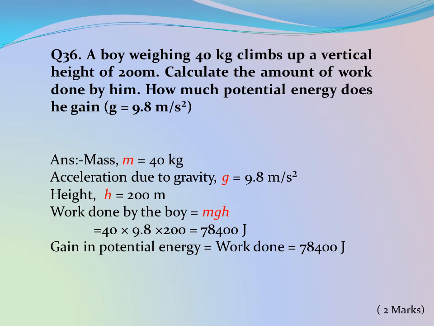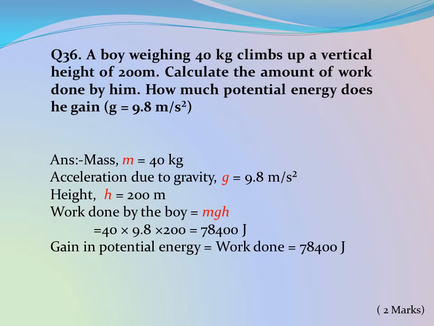Question number 36. A boy weighing 40 kg climbs up a vertical height of 200 meter. Calculate the amount of work done by him. How much potential energy does he gain? g equals 9.8 meter per second squared. Answer: mass m equals 40 kg.